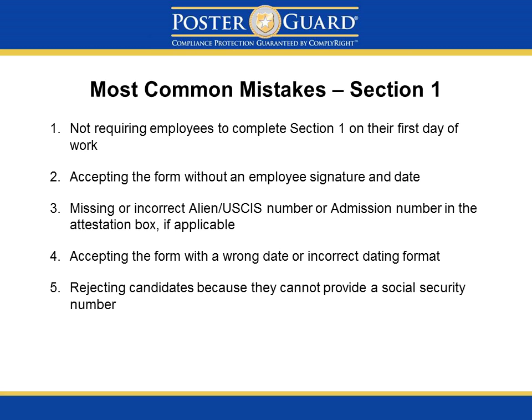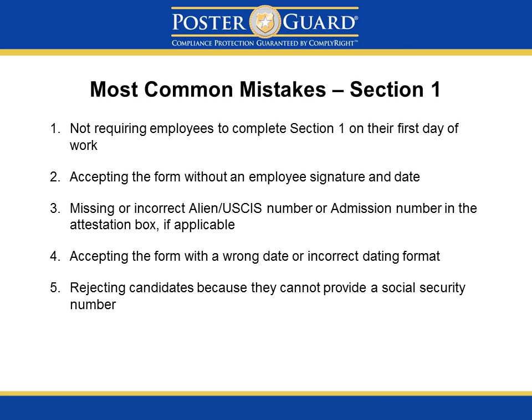Second mistake is accepting the form without an employee signature and date. The employee's signature on here, if you read the small print, is the employee signing under penalty of perjury. And so that's really important. If you get a form that hasn't been signed, you need to get it back to that employee immediately and get the signature and the date. Because without it, the form might as well be blank.